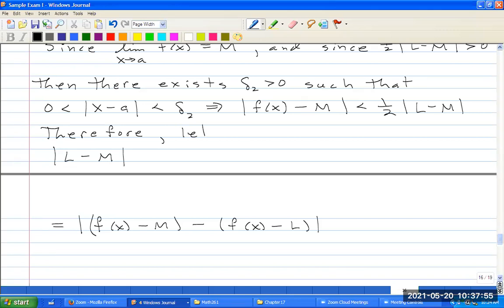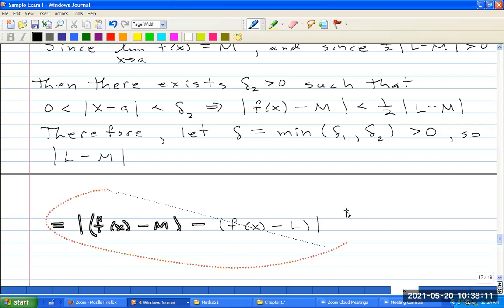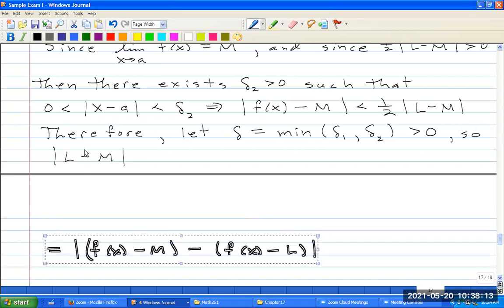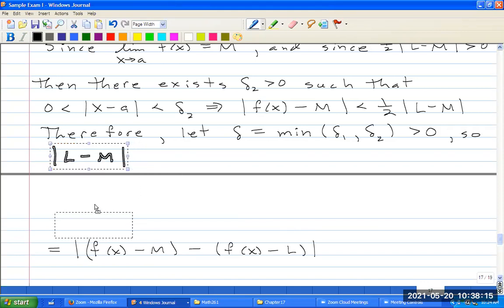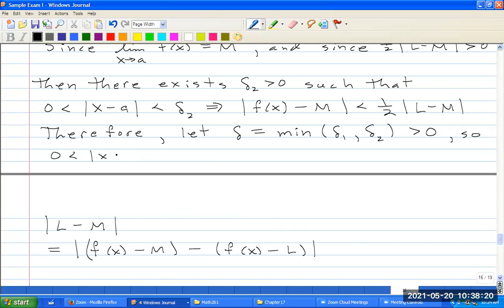Therefore, let delta equal the minimum of delta 1 and delta 2. Then x minus a in absolute value being between 0 and delta.